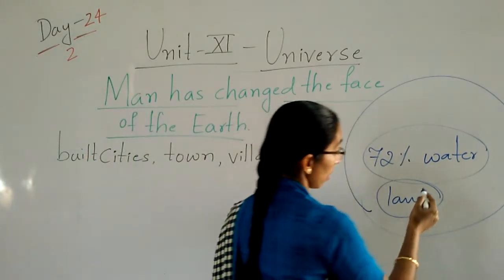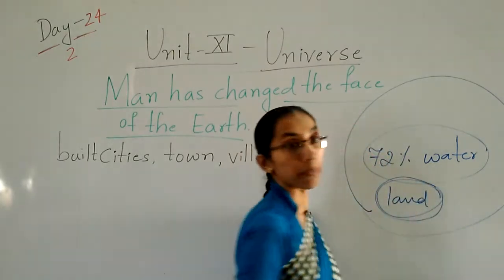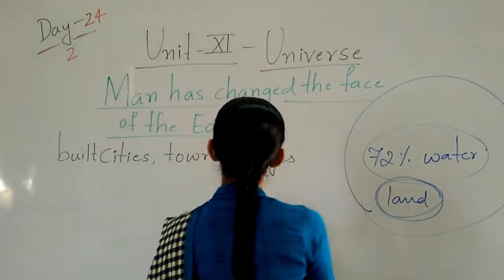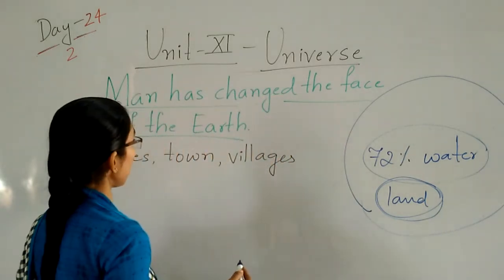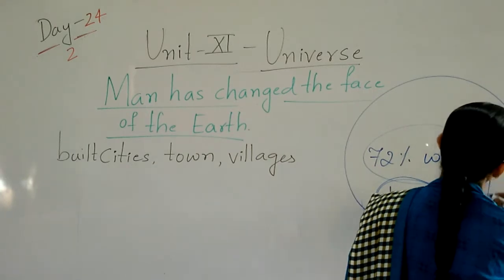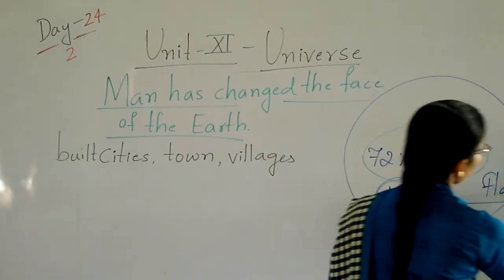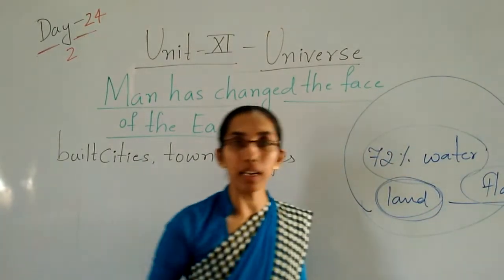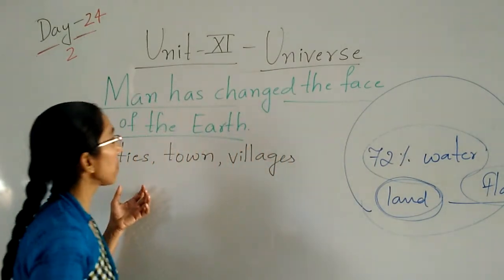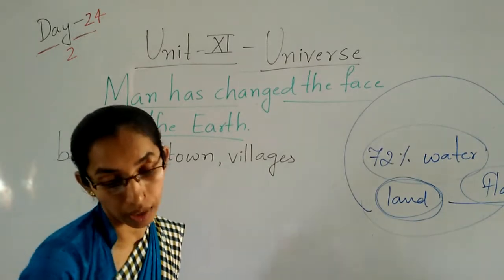All this comes in this 30% only. Then children, what did man do here? He built the cities, towns and villages on the plain, or we say the flat land. He used the flat land to build a number of cities, towns and villages.